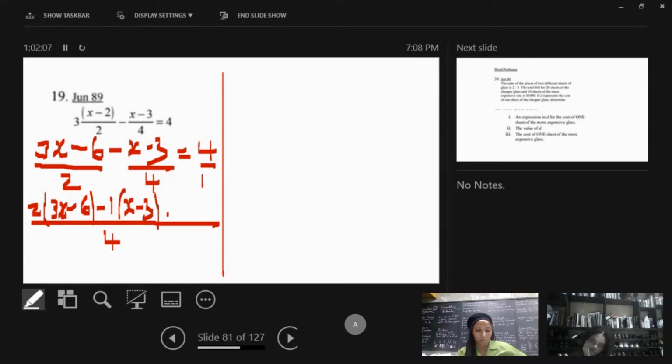And 1 into 4 goes 4 times, so 4 times 4 is 16. Okay, so now we can put them down. So 2 times 3x is 6x, and 2 times negative 6 is negative 12.